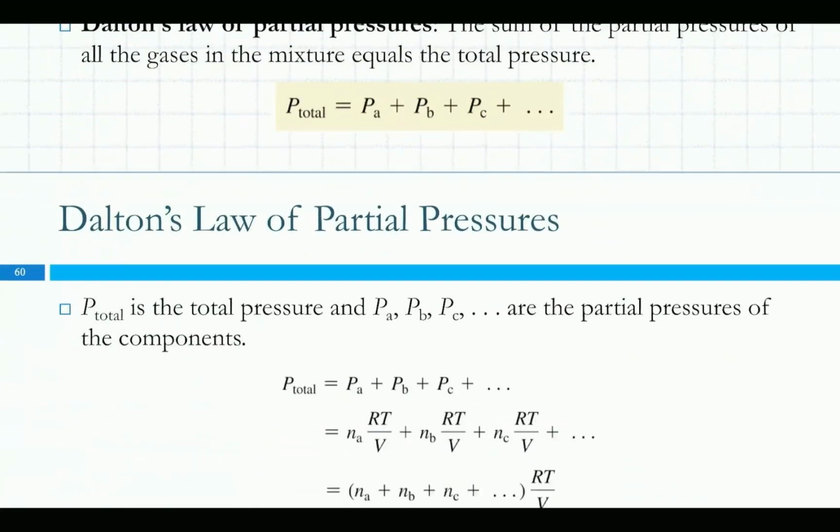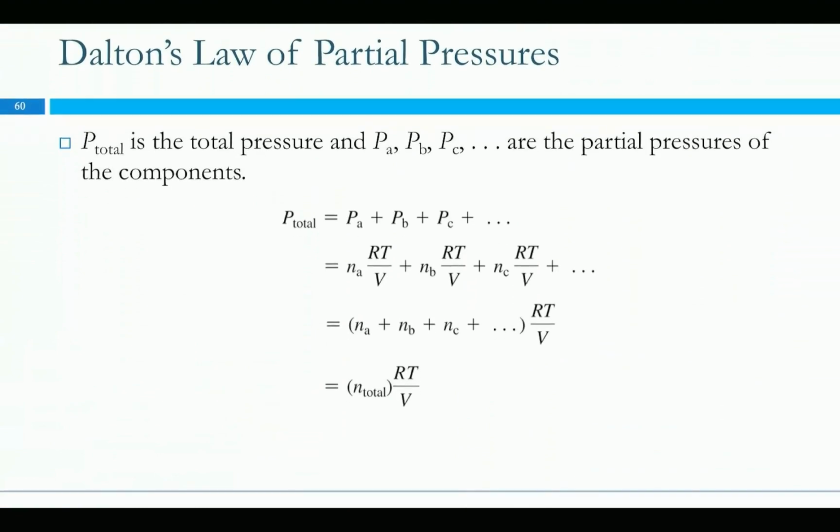The way we can use that, I guess, is to say that the total pressure, if we were to say the pressure of A is the number of moles of A, and if it's all in the same container, the R is always the same. Temperature and volume are going to be the same. So the pressure contributed by our gas A would be this, the gas pressure from gas B, from gas C. And then they're all being multiplied by RT, so we can just factor that out.